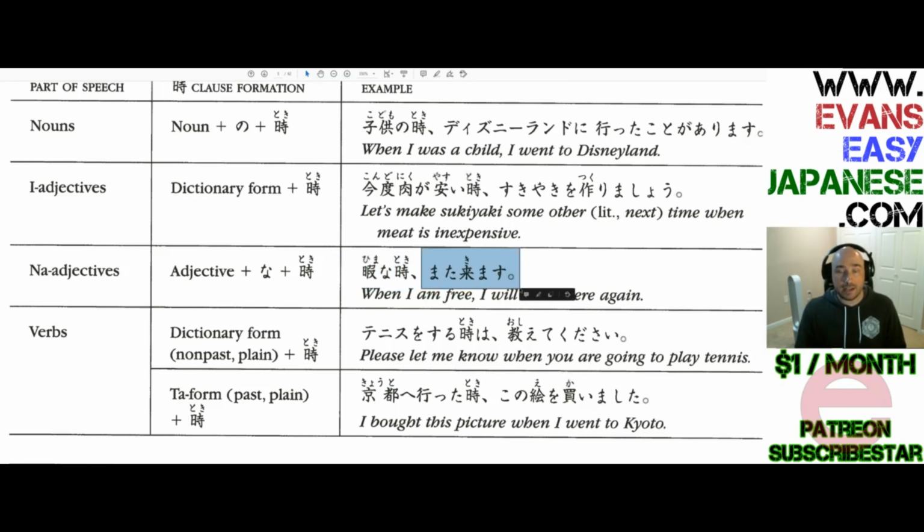Mata, again, kimasu, I will come, or I come. Hima, free time, or when I am free, the free time related. It's strange, it's an adjective, but it is. Hima na toki, when I have free time, mata kimasu, I will come again.